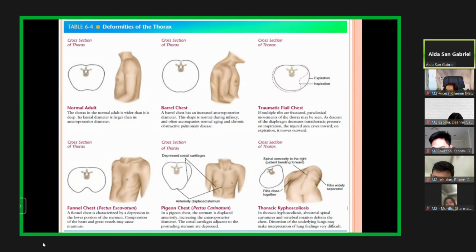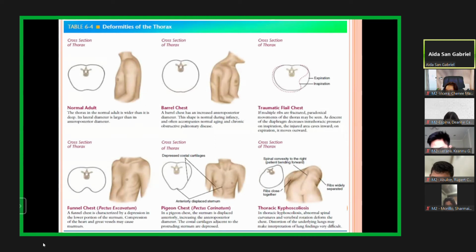In contrast, in barrel chest, the anterior-posterior diameter is wider than the lateral. This is seen in COPD patients or emphysematous patients, and maybe in aged individuals and in infants.